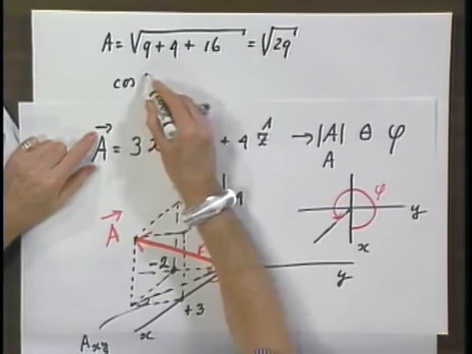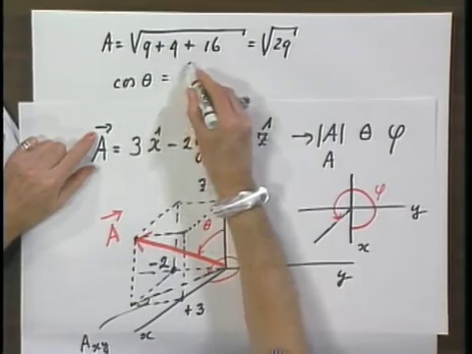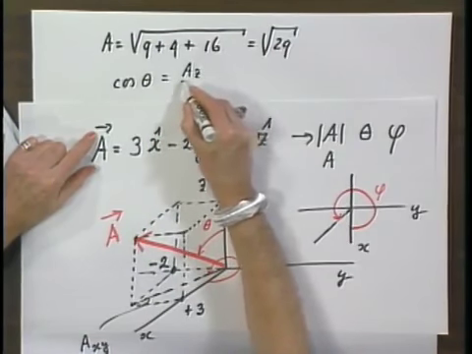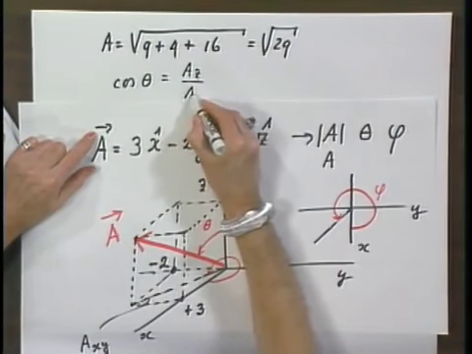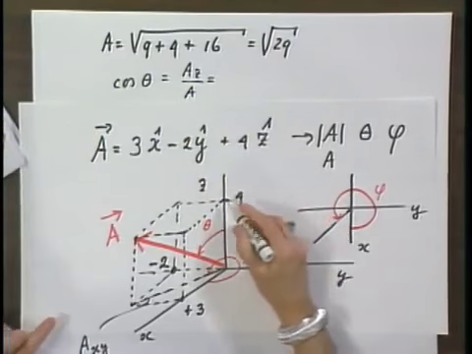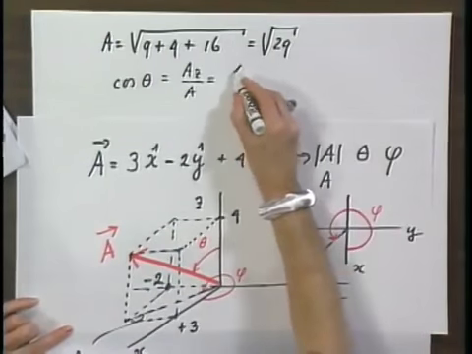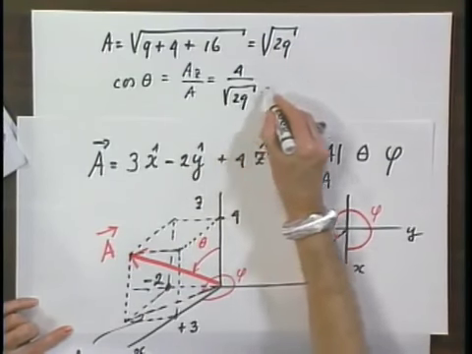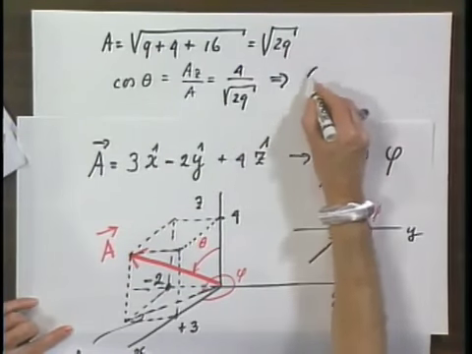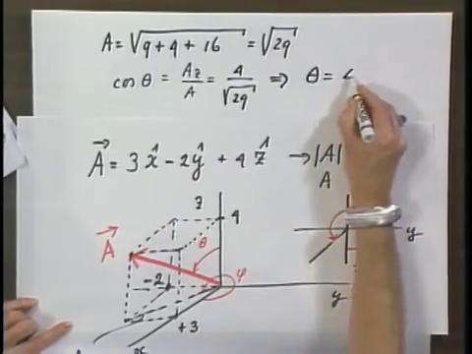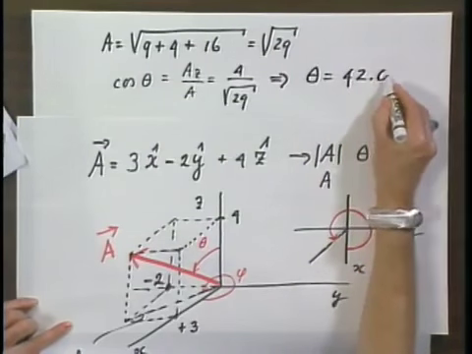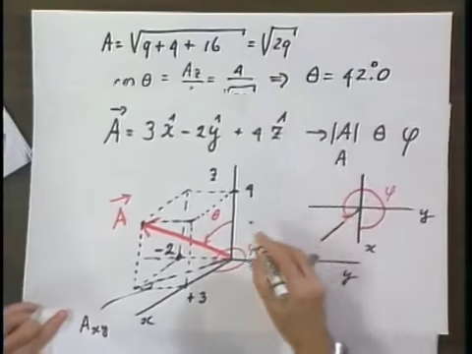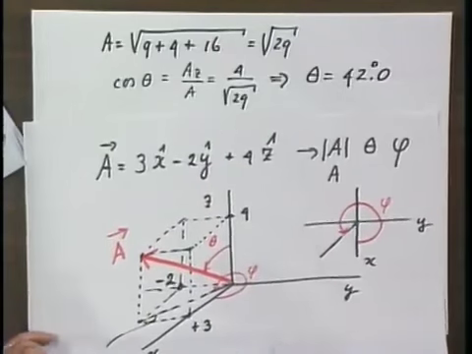The cosine of theta equals A of z divided by A. A of z is 4. A is the square root of 29. And so I find that theta equals 42.0 degrees, if I round it off. So this angle is about 42 degrees.